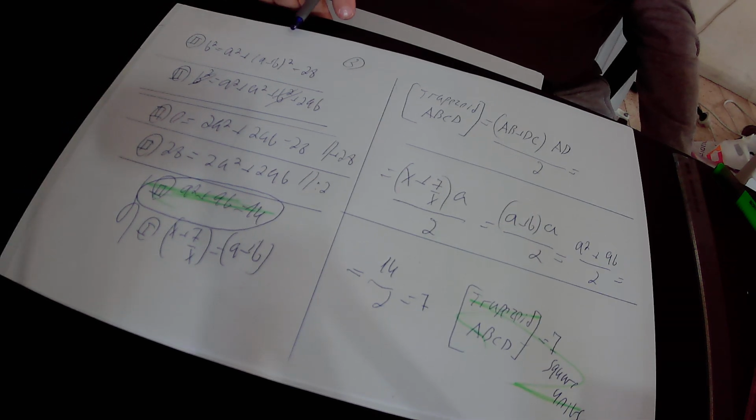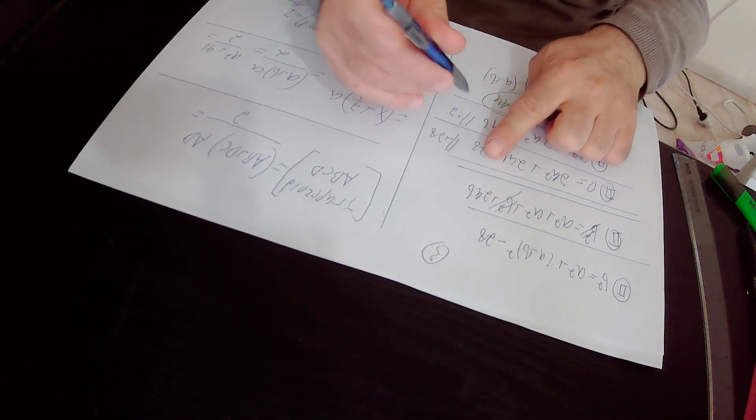Here we open the brackets and find that b squared equals a squared plus a squared plus b squared plus 2ab, minus 28, of course.